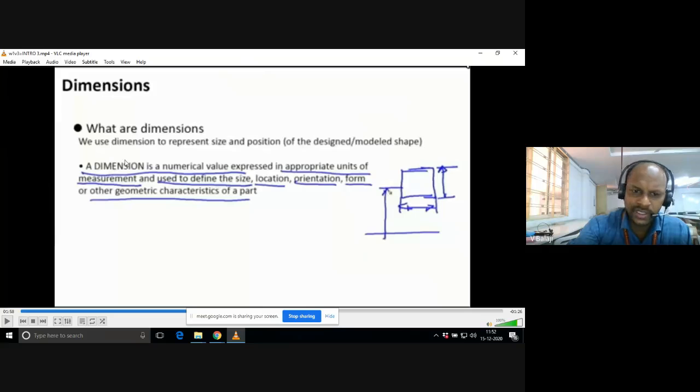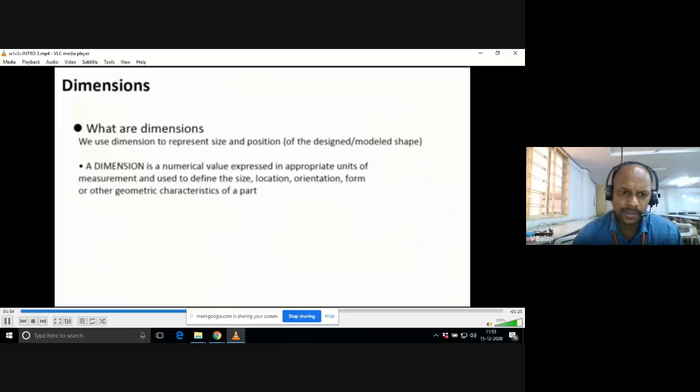If you draw something on the drawing sheet, and you don't say what is the length of that particular side of a square, or width of a rectangle, or mention how to go about manufacturing, it's very difficult to understand. So dimensioning is also very important.